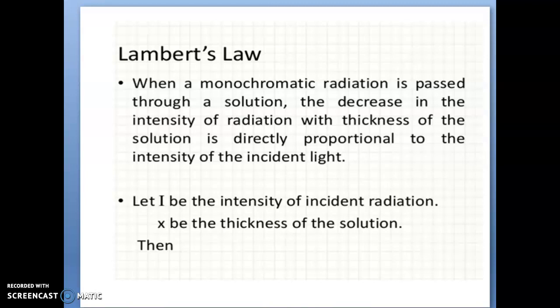If radiation goes through a solution, the intensity decreases according to the thickness of that solution, and that is directly proportional to the intensity of incident light. Let I be the intensity of radiation and x be the thickness of the solution.